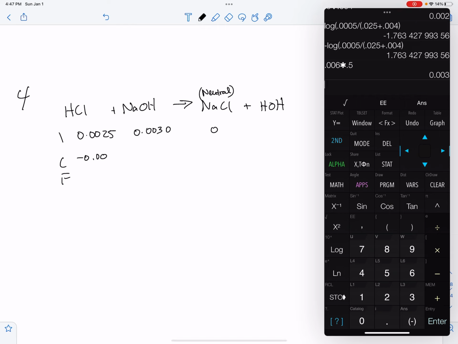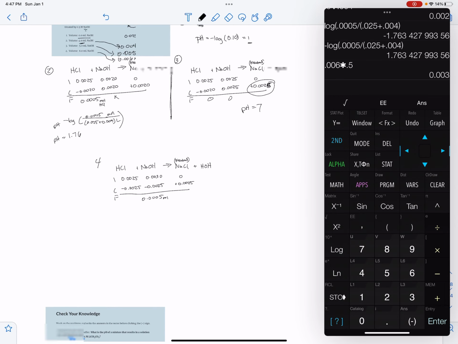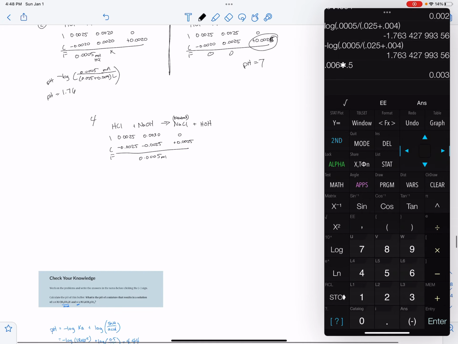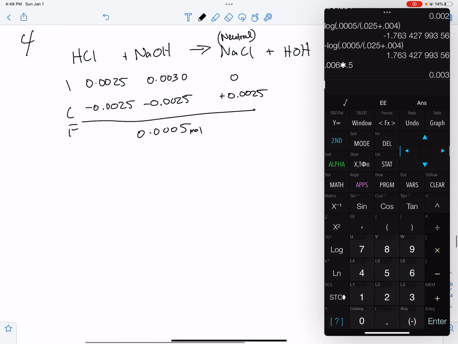So now I'm subtracting out my HCl amount. So that gives me 0.0005 of this one. But remember, I have a total volume here. It was 6 milliliters plus the 25, which is the 31. So when I do the negative log of this, I'm going to do it over 0.031 liters because I added the 6 milliliters to the 25 milliliters.